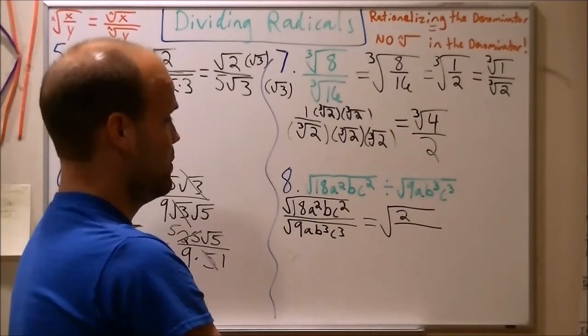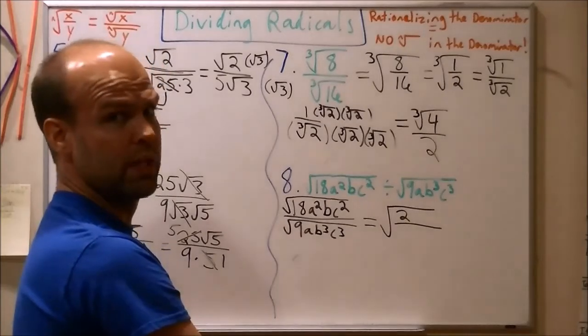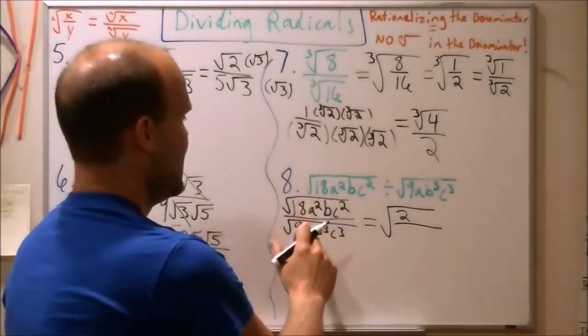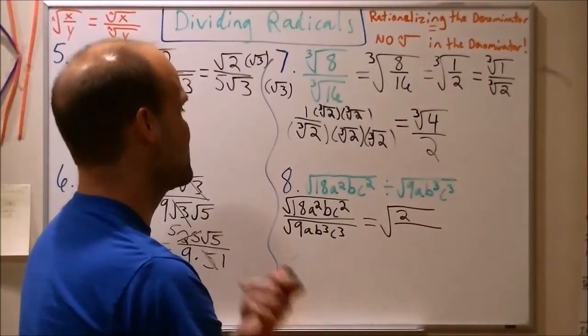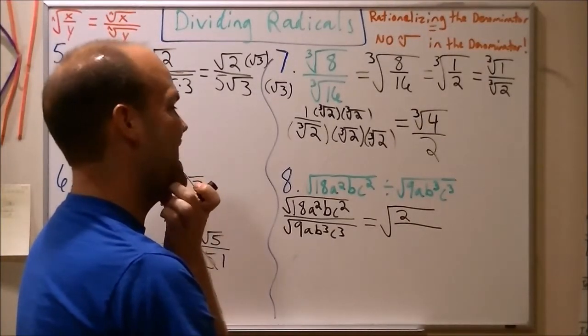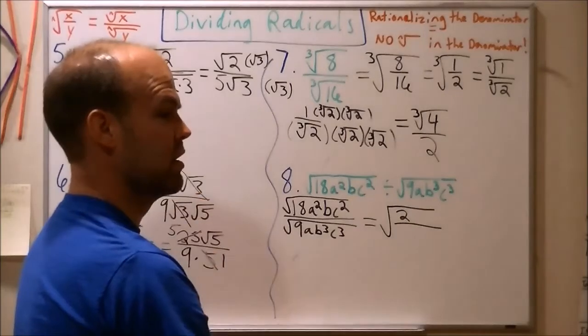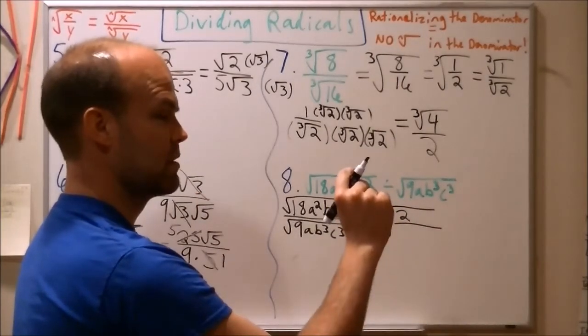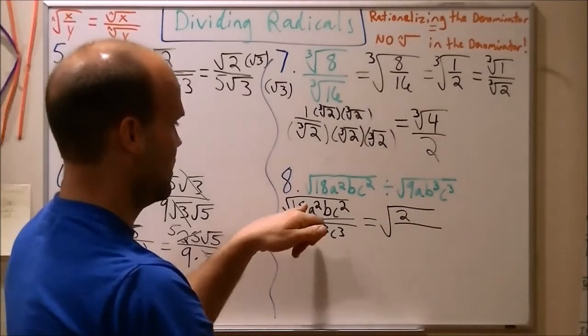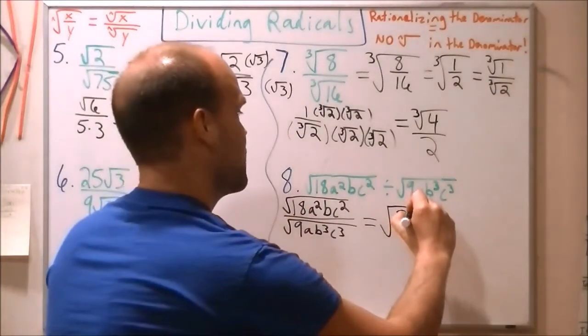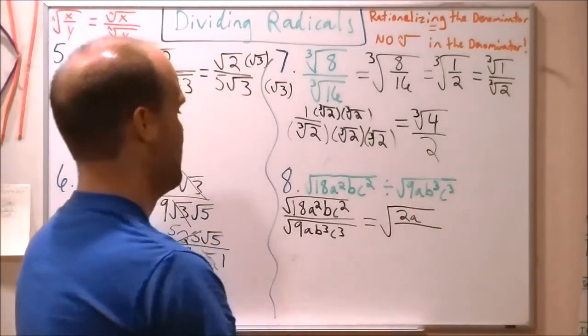Well, it just depends on where the larger one is. That's the way it works out. A to the second divided by, okay, A to the second divided by A to the first. So subtract those exponents. 2 minus 1 is what? A to the first. And the larger one started on top, and so I'm going to keep it on top.